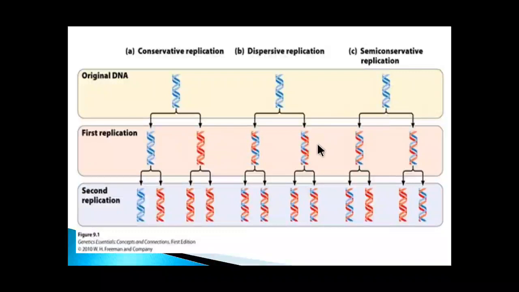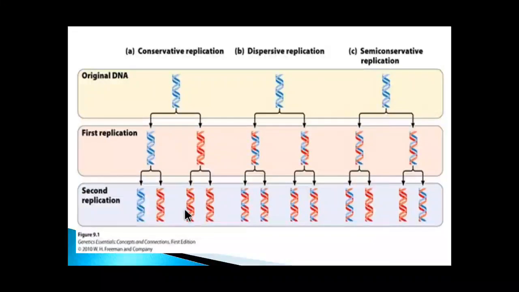And in conservative replication, after one round of replication, there is the original heavy DNA along with one new light DNA, and if they went through a second replication, then there would be one heavy DNA and three light DNA.